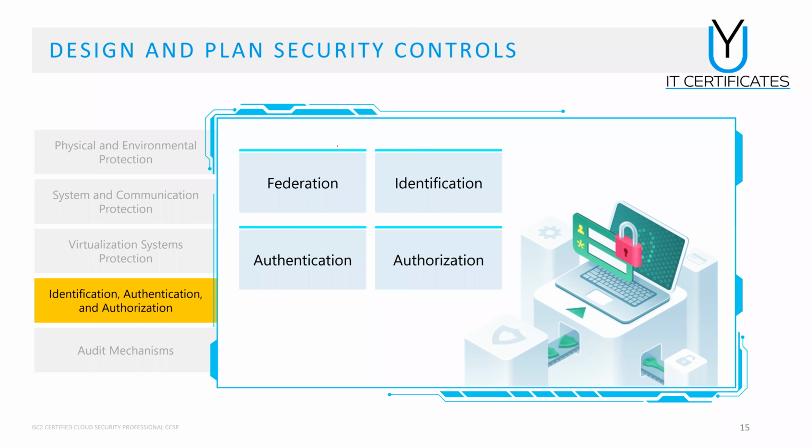Authentication: you have to prove yourself. Authorization: what you are allowed to access, whether services, hardware, or applications. And finally, accountability: what are the actions or activities which you perform on the network.